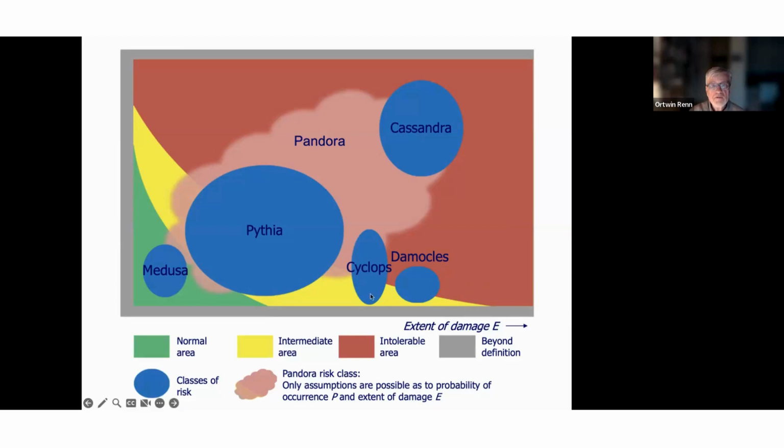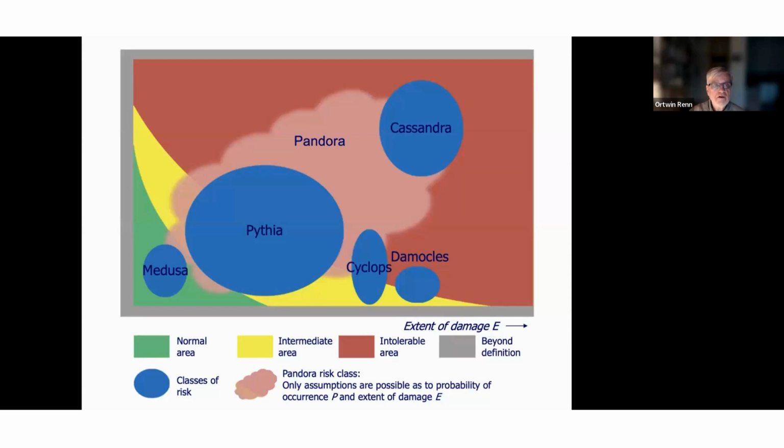The Cyclops is one where you know pretty well the extent of damage, but you don't know the probability. So something really bad is going to happen. Let's take, for example, the Gulf Stream ceasing, not working anymore. We know the extent of damage that would entail, but we don't know the probability at this point.